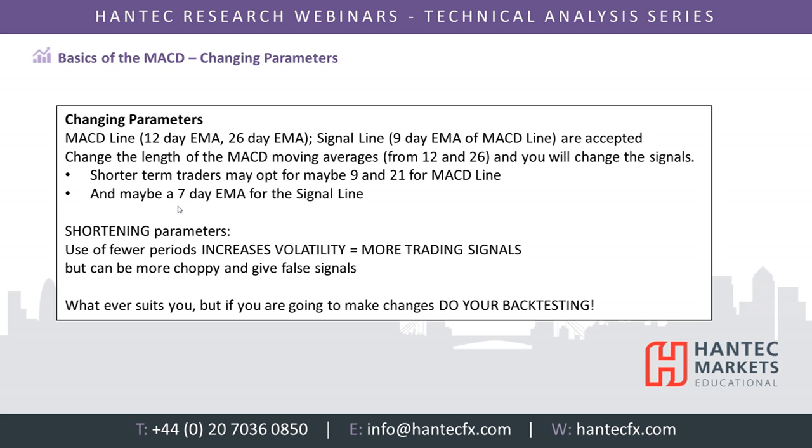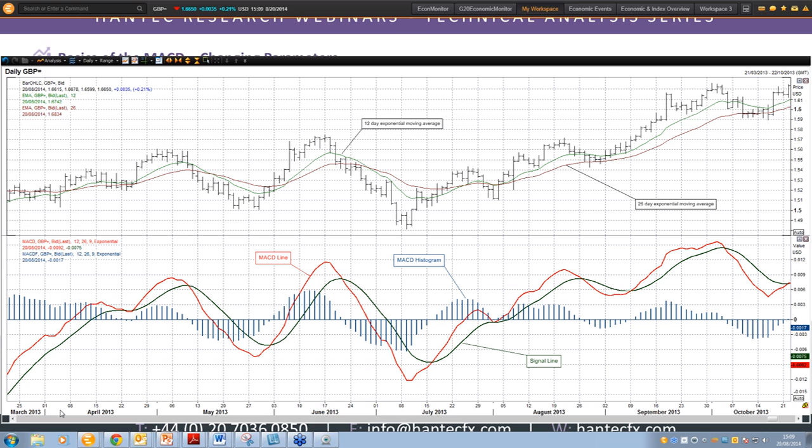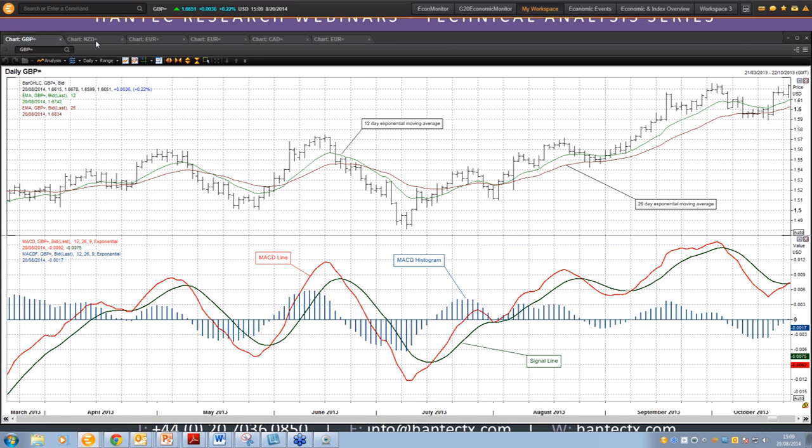So you can see that will make it more volatile, and that gives you more trading signals. But again, as ever, the more volatility you get, the more false signals you possibly could get on your indicator.